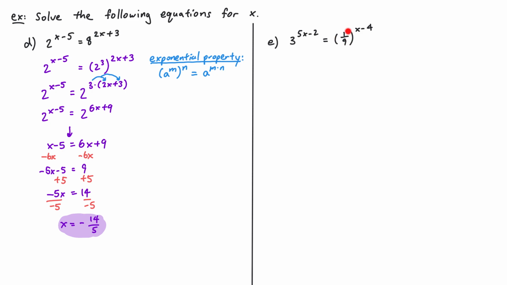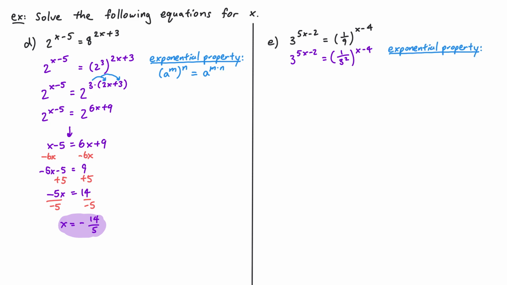Let's try to rewrite this 1/9 as 3 to some power. When you have 1 over a number, you might expect that you have 3 to a negative exponent. But as an intermediate step, let's start by just rewriting that 9. We know that 9 is 3 squared, so we can think about this as 3 to the power of 5x minus 2 is equal to 1 over 3 squared to the power of x minus 4.